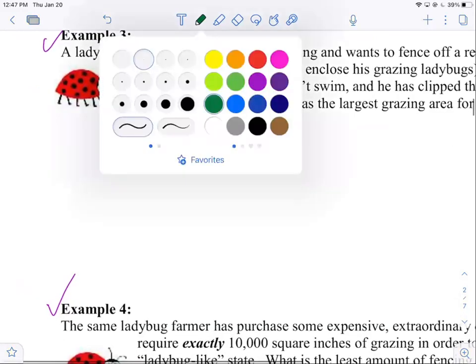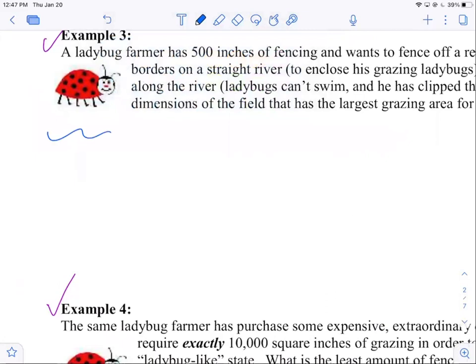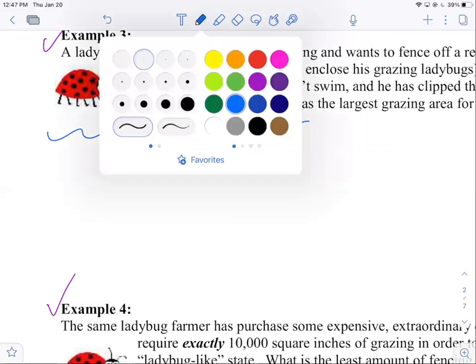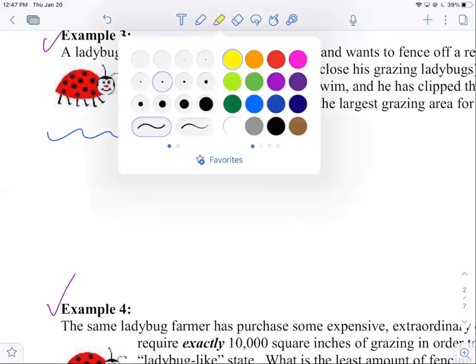So let's go ahead and draw a picture. On the first problem, we really didn't need to draw a picture. But if it involves geometry, and a lot of these will involve geometric formulas or geometric shapes, draw a picture, right? So there is the river, and I know what you're thinking. Is it below that or above that?